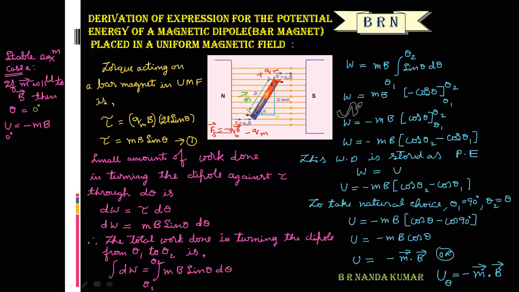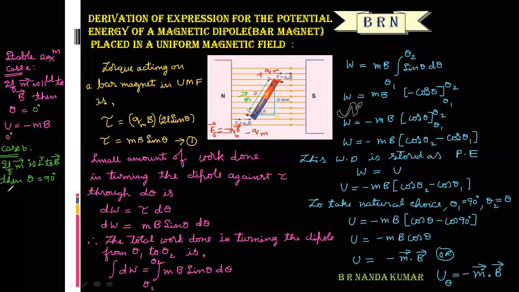Okay, then the next case, case B. If m vector is perpendicular to B vector, then what is the value of theta? Theta is equal to 90 degree.